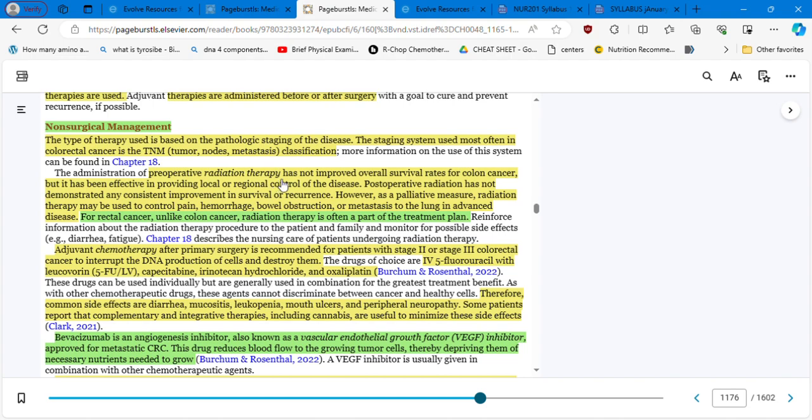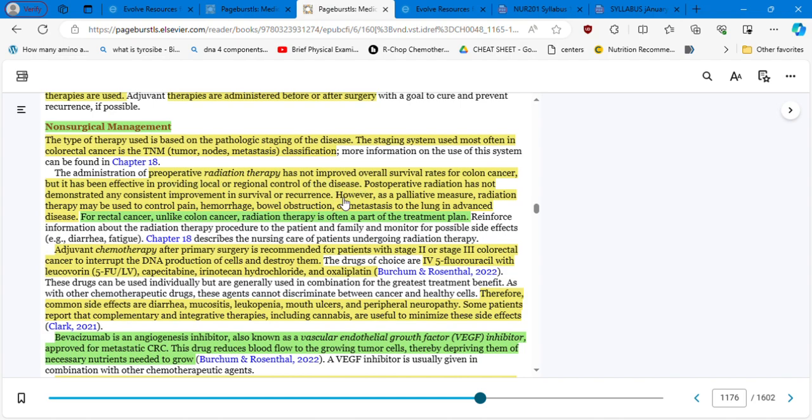Preoperative radiation therapy has not improved overall survival rates for colon cancer, but it has been effective in providing local or regional control of the disease. So preoperative radiation has not improved overall survival rates for colon cancer. This information right here is very important for you to teach the patient or even family members.